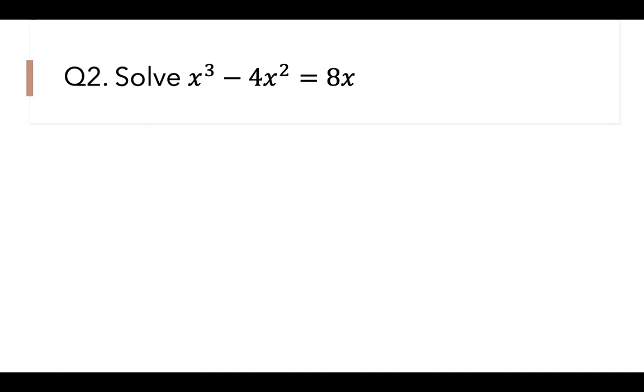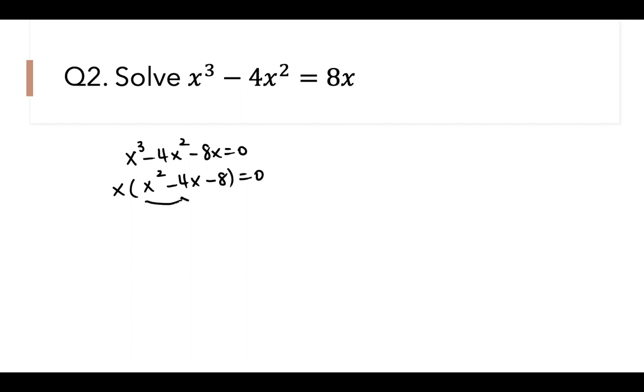Okay, next. So we're solving a polynomial equation. Again, I'm going to move this to one side. So x cubed minus 4x squared minus 8x equals 0. So you want to factor as much as possible. Then x is a common factor: x times x squared minus 4x minus 8.